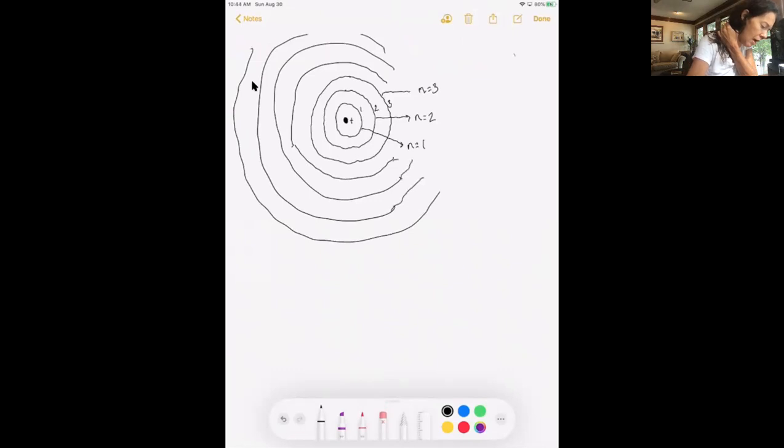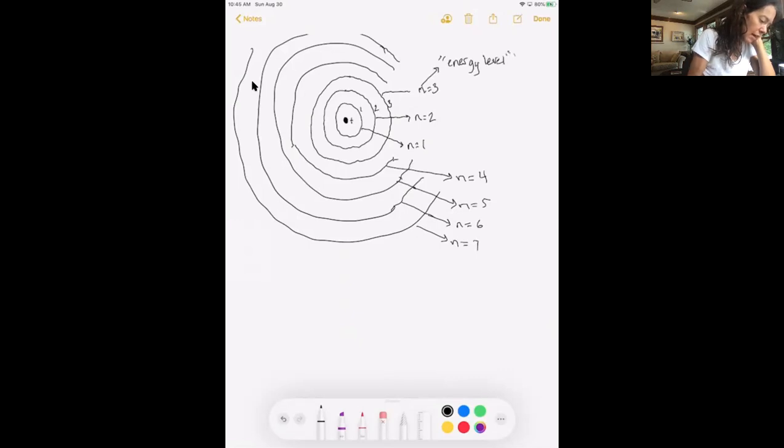This is going to take a while because I'm going to knock a lot of things out in this one video. What you see here is obviously N. The letter N stands for energy level. It is a symbol for energy level.